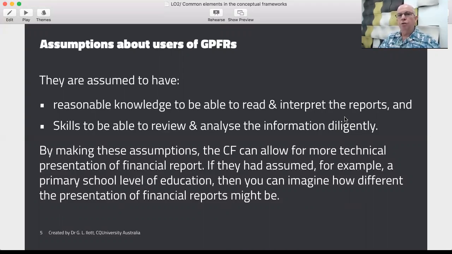We don't assume that they are accountants or have accountancy degrees, but we assume that they're capable of reading those financial statements, financial reports with some proficiency. We make those assumptions because we can allow more technical detail within those financial reports. If we assumed, for example, that the users of financial reports only have a grade 10 education, then the conceptual framework would mandate a much more simplified presentation.